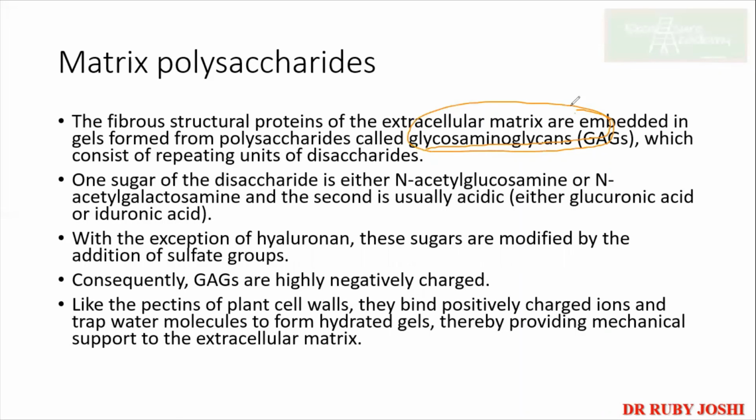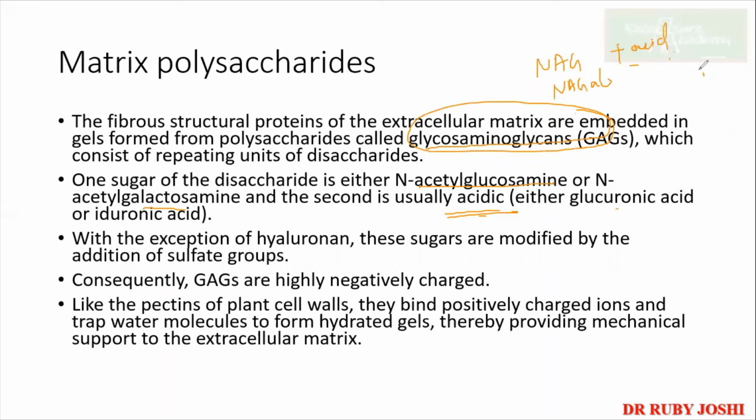Okay, now one of the sugars is either N-acetylglucosamine or N-acetylgalactosamine, and the second is usually an acidic sugar, either glucuronic acid or iduronic acid. Okay, you have to remember it like this: N-acetylglucosamine or N-acetylgalactosamine, plus an acid, that is either glucuronic acid or iduronic acid.